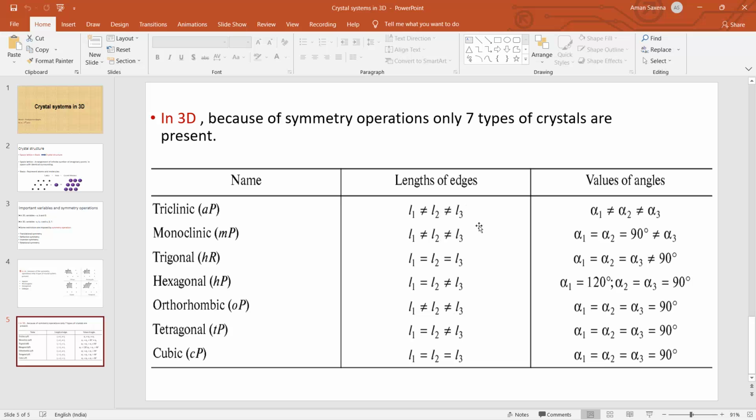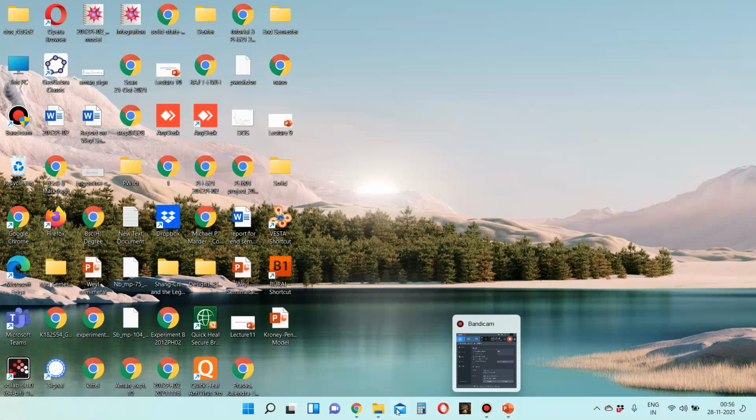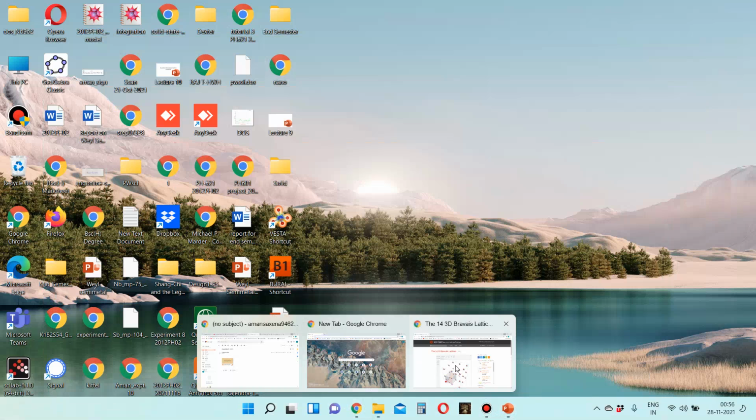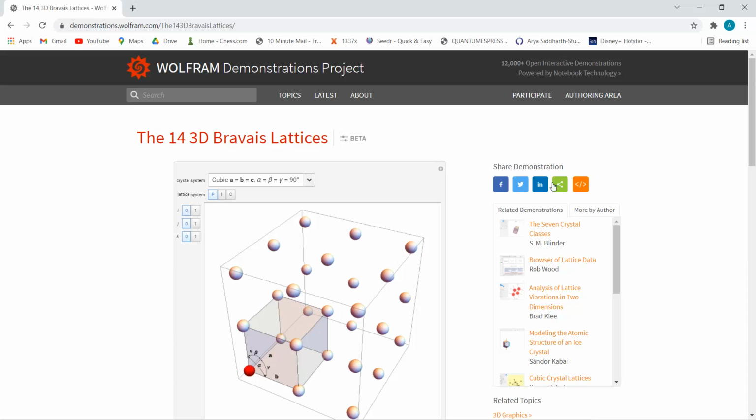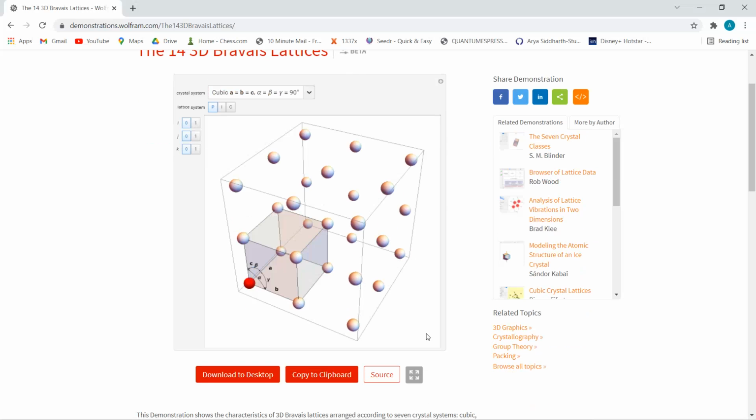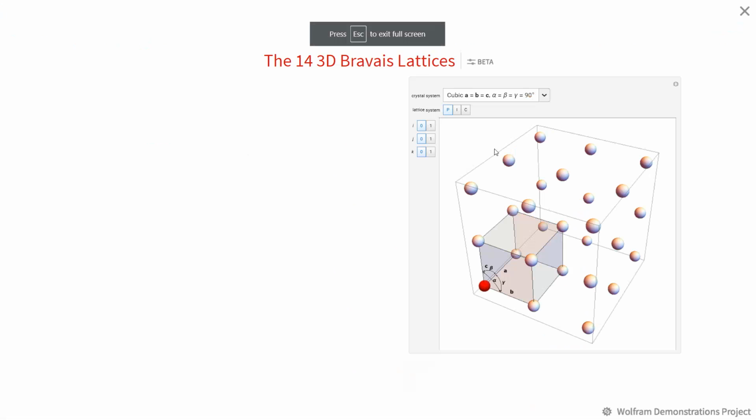On the basis of the magnitudes of the vectors and the angles, we define these seven kinds of crystal systems. There is also some symmetry present in these crystals, so I am going to discuss this symmetry with the help of Wolfram Alpha.